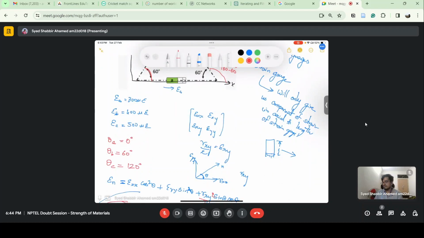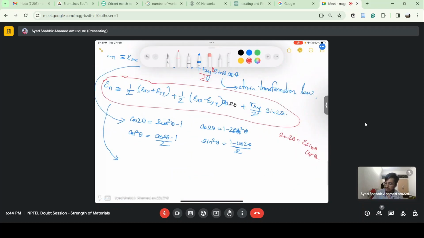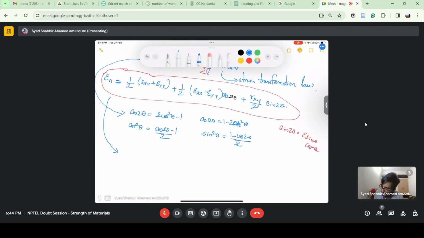So first, the normal strain in direction A can be given as 1 by 2 (epsilon xx plus epsilon yy) plus 1 by 2 (epsilon xx minus epsilon yy) cos 2 theta.